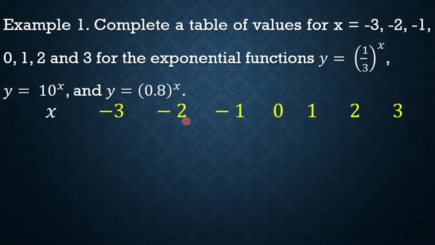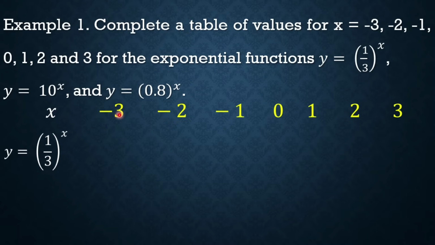Now, we have first function y is equal to 1/3 raised to x. This is exponential. Why? Because 1/3 is greater than 0 at yung base natin ay hindi equal sa 1. So therefore, y is equal to 1/3 raised to x is an exponential function.